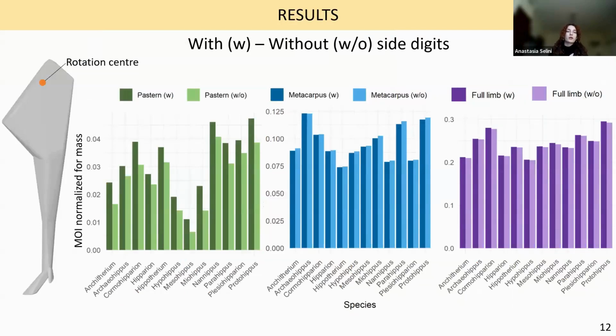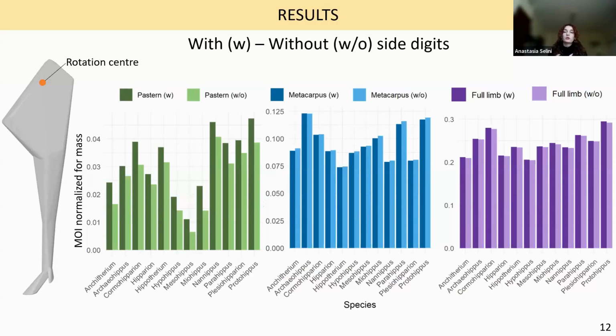So to our results, when we compared the moment of inertia in tridactyl liquids with and without side digits, we saw a decrease in the moment of inertia in the pastern, but a small increase in the metacarpus, despite the decrease in mass that was seen in this segment as well.